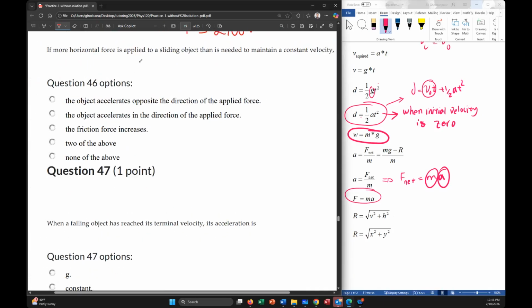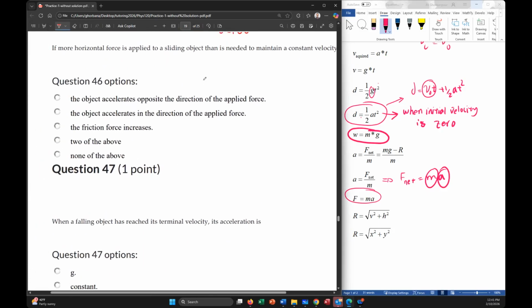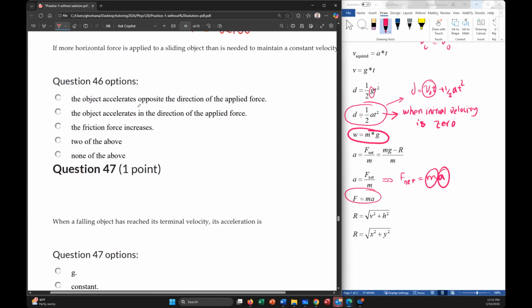If more horizontal force is applied to a sliding object than is needed to maintain a constant velocity, the object accelerates opposite the direction of the applied force, the object accelerates in the direction of the applied force, the friction force increases, two of the above, none of the above.